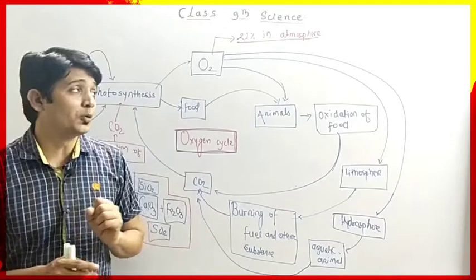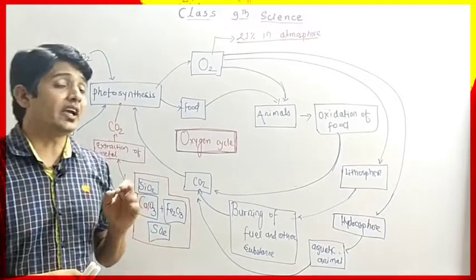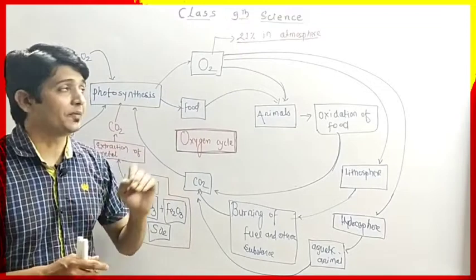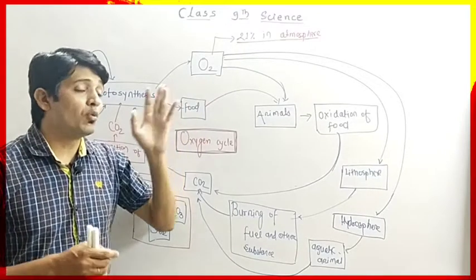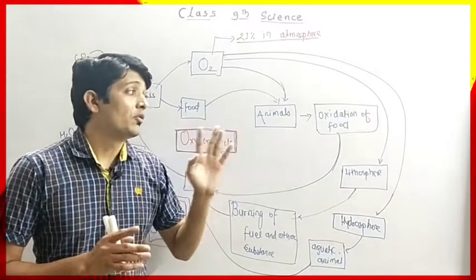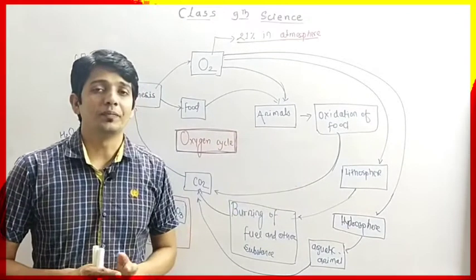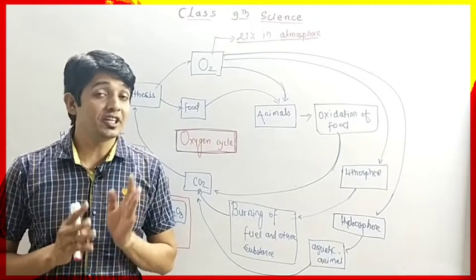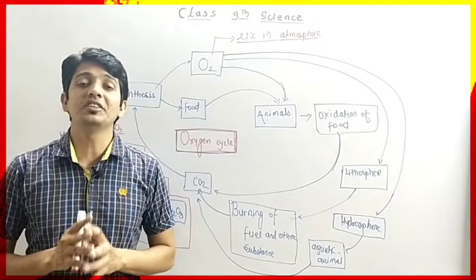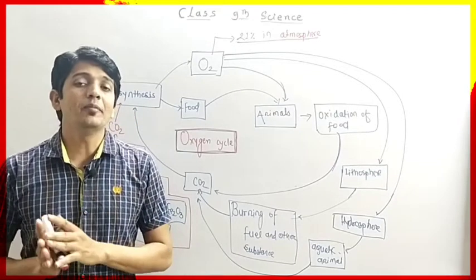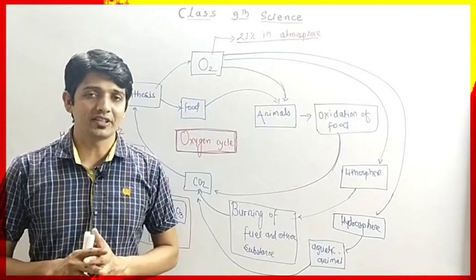As we know, oxygen is present in our atmosphere about 21%, out of which most of the oxygen is used by animals for the oxidation of food. In animals, the respiration reaction takes place. This respiration process is nothing but taking in oxygen-rich air and breathing out carbon dioxide gas.